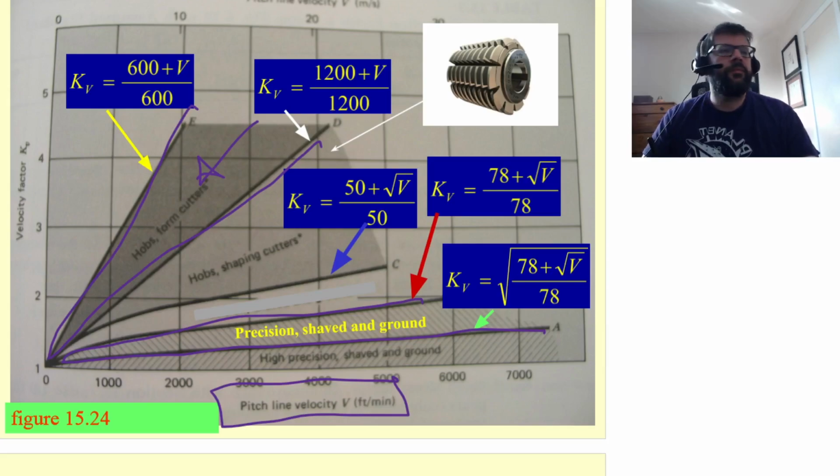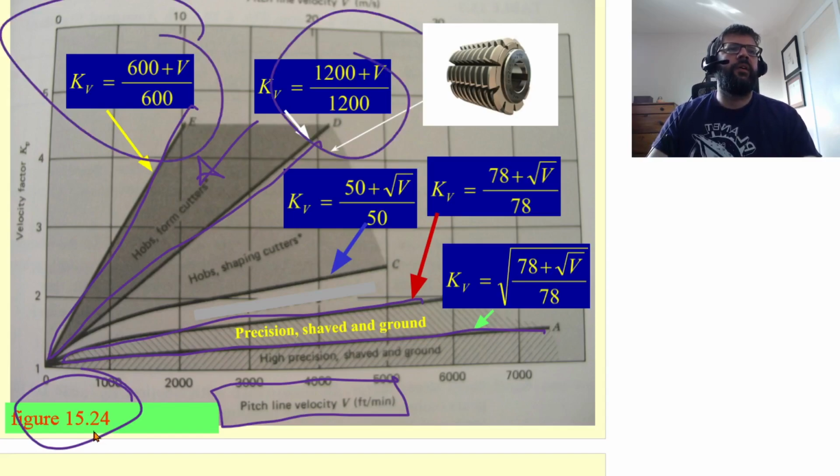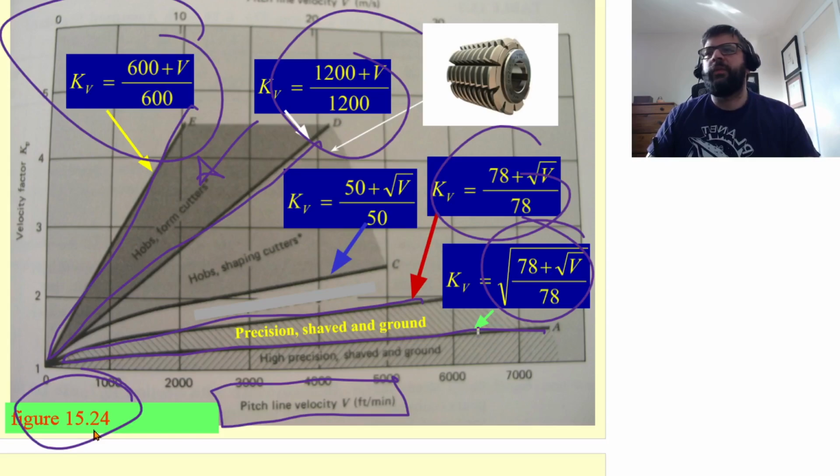That's figure 15.24 in Juvinall. And here are some values that can be used to estimate what those will be based upon what type of method was used to produce and finish the gear.